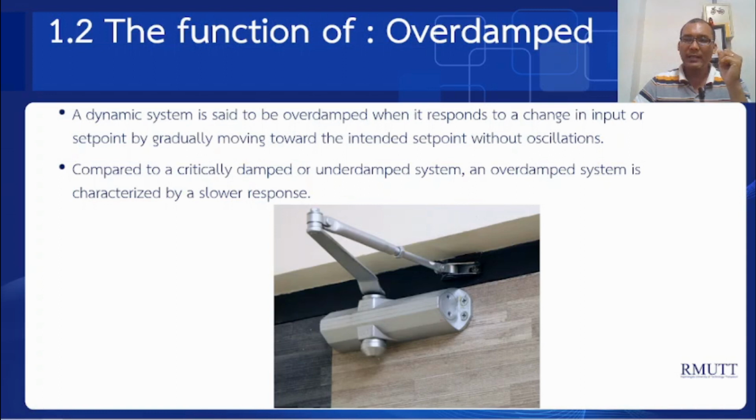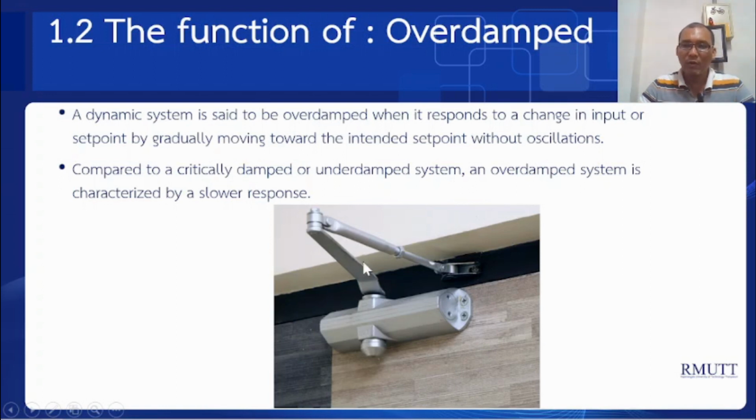We can take an example of an automatic door closer. Following a person passing through an entrance, this mechanism is intended to securely and smoothly close the door.